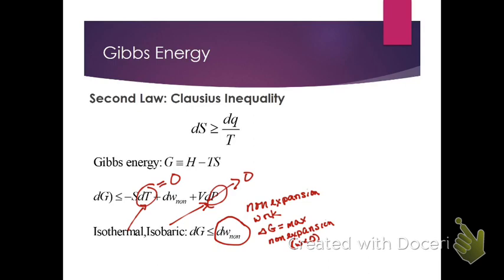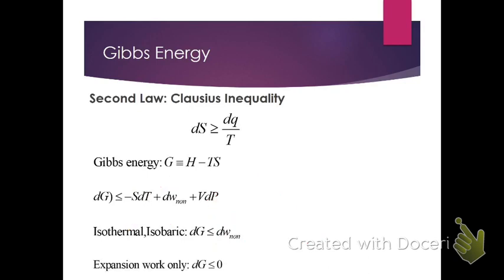Now, if we have no non-expansion work in our system, then we have the inequality that dG is less than or equal to 0, and this is one you've certainly used and seen before. In a situation where we have an isothermal and isobaric process with no non-expansion work, calculating delta G and finding it less than 0 means that the process will occur spontaneously.